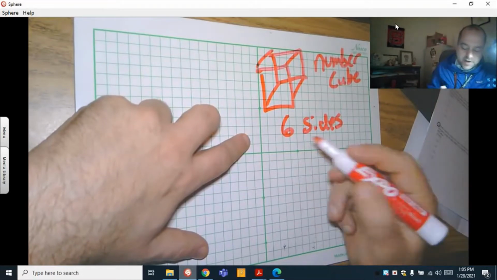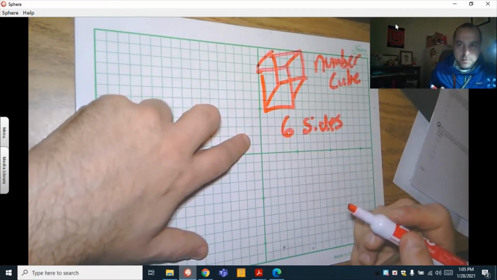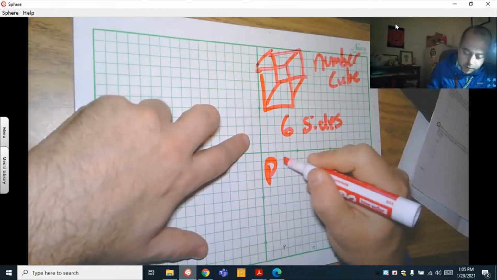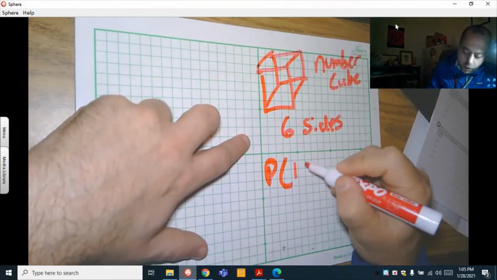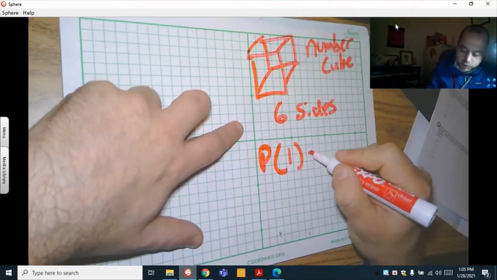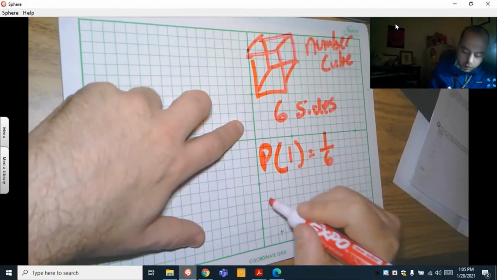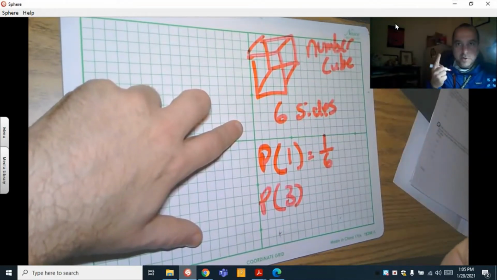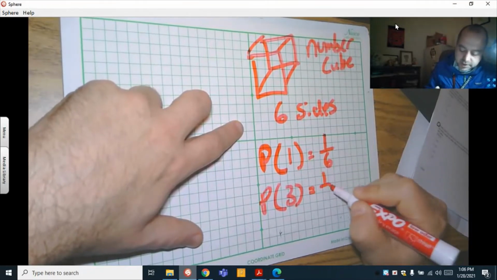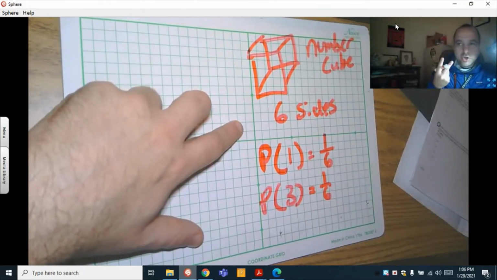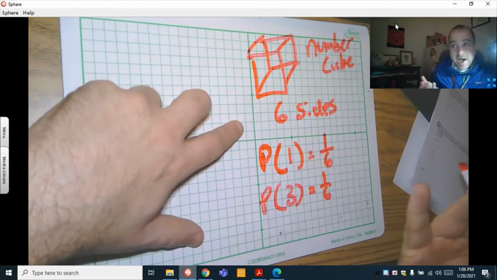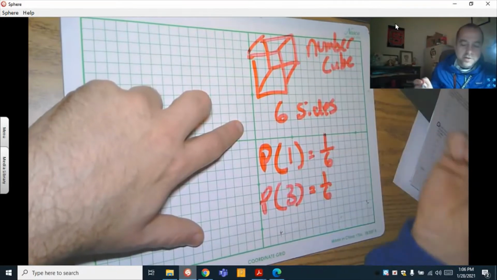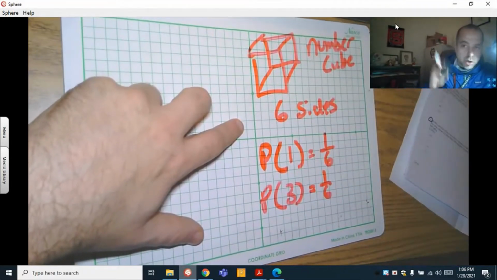So if I said, what is the probability that you get a 1 when you roll it? Well, it's 1/6, right? What's the probability that you get a 3? Well, there's only one side with a 3, so it's also 1/6. Probability of a 2 is 1/6. Probability of a 5 is 1/6. What's the probability of getting a 7? 0, right? There's no side on there that's got a 7. Okay, so you know that knowledge.